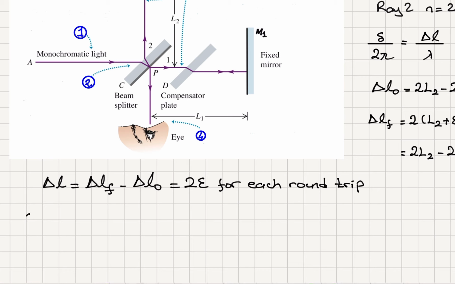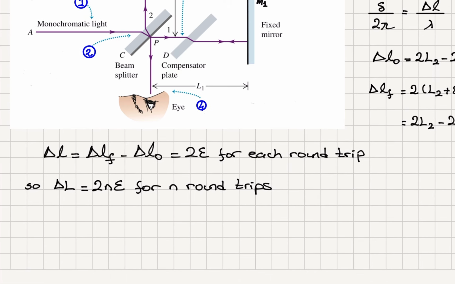So the total path difference, delta capital L, is going to be 2 n epsilon for n round trips. And we have 280 round trips here.